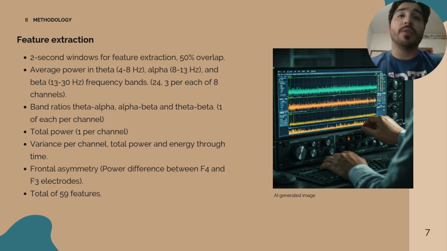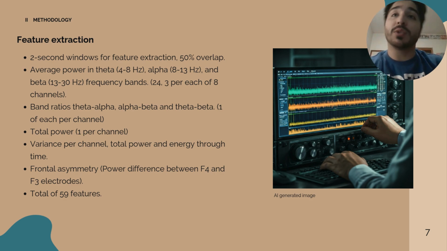After the signal filtering, we then proceeded to extract the features with 2-second windows and a 50% overlap in between windows. This allowed us to accurately extract all the features we used. These features include average power in theta, alpha, and beta frequency bands, 24 features, 3 per each of the 8 channels used.